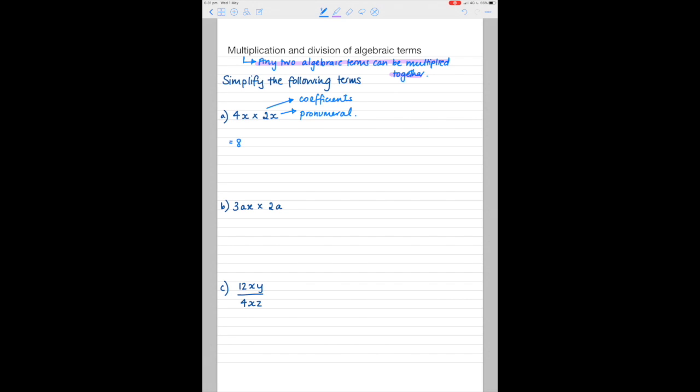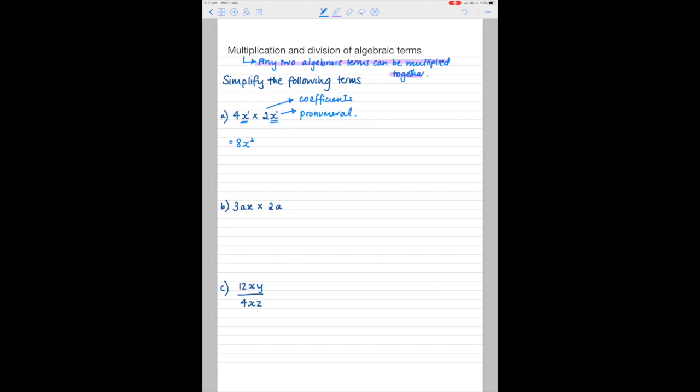Now thinking back to index laws, if we've got x times x, that's like saying it's x to the power of 1 and x to the power of 1. If the bases, which is x, are the same, we can add our index powers. So here I can go x to the power of 1 times x to the power of 1 is the same as saying x to the power of 2.